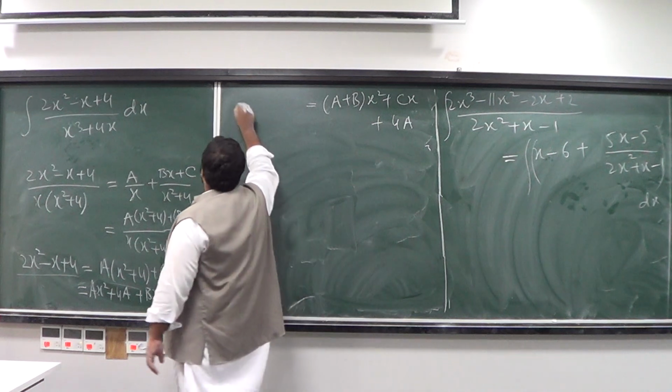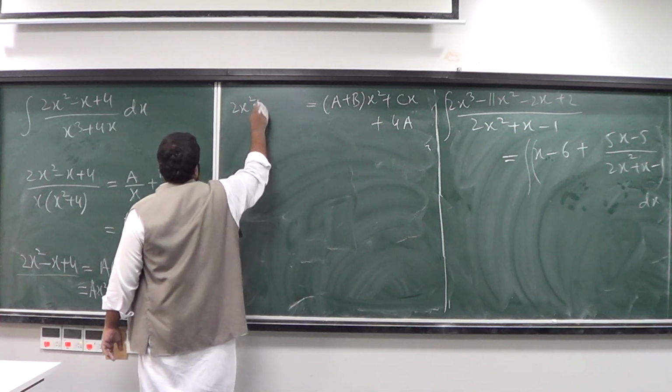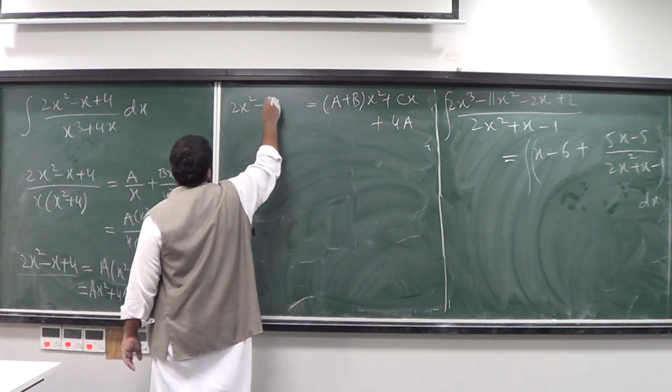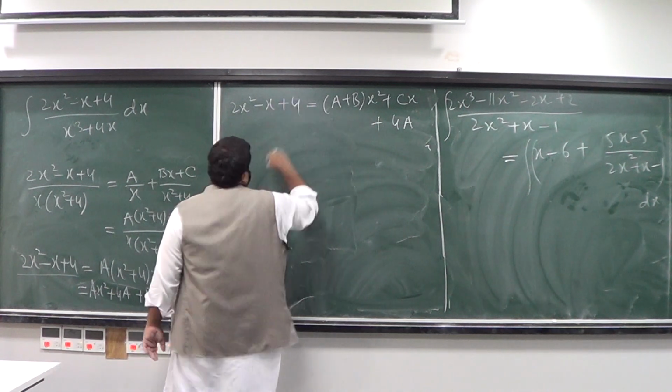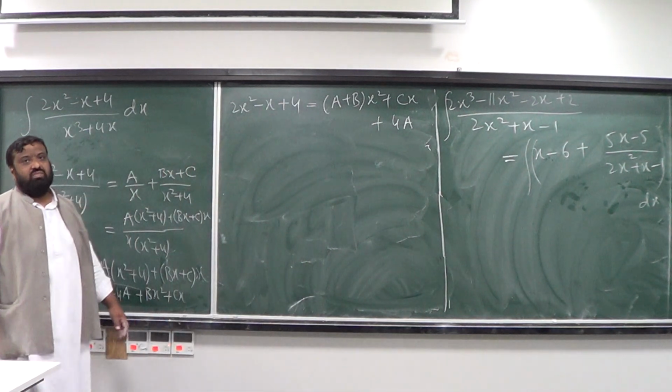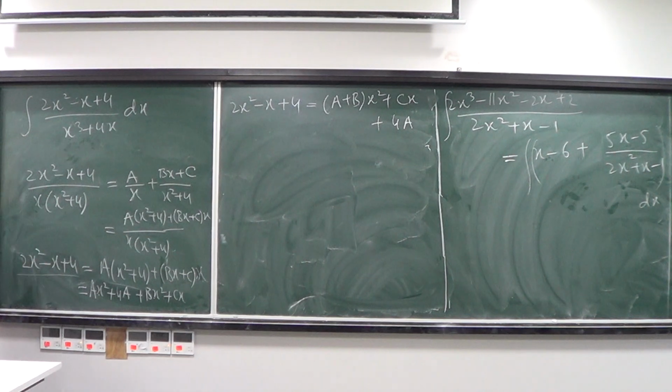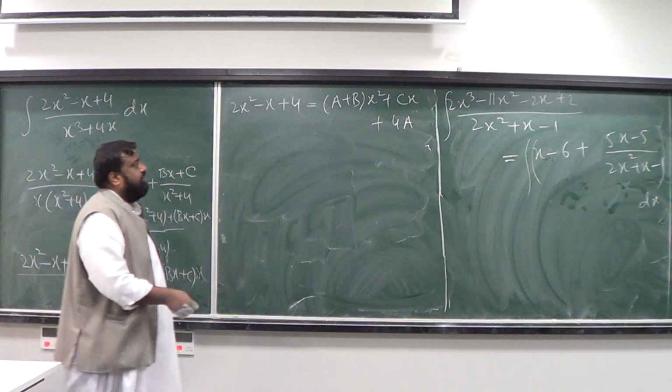Compare it with 2x square minus x plus 4. This trick would always work, no matter how complicated the expression is: write the right hand side in the form of the left hand side, and then compare the coefficients.